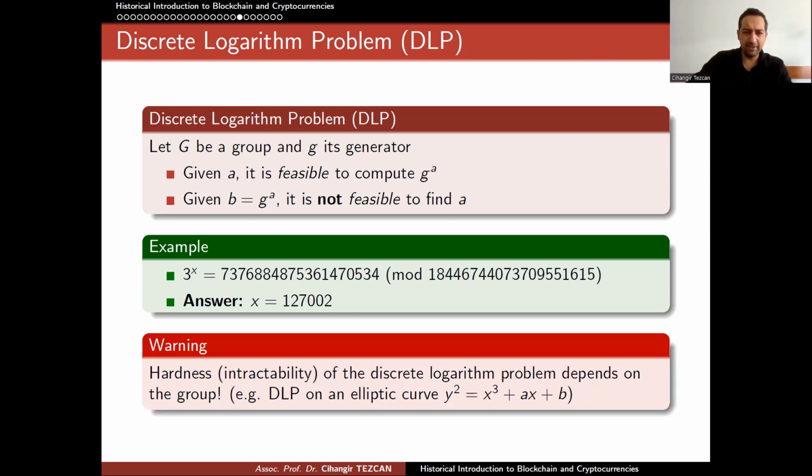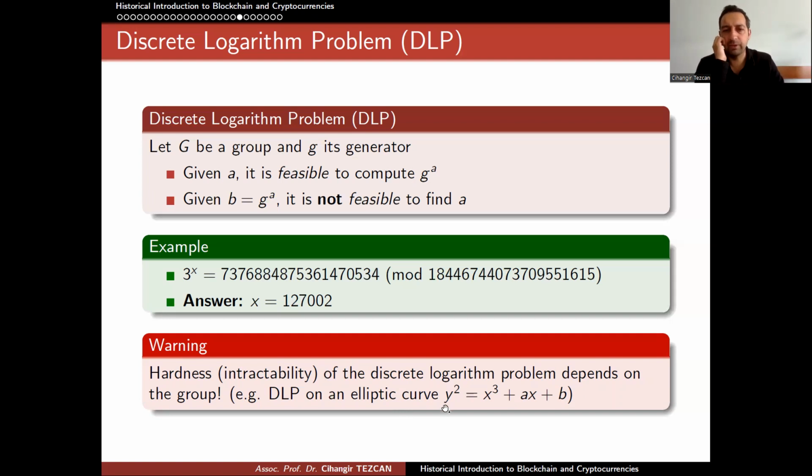So this problem is hard, but actually the hardness depends on the group you are using. Here we are using numbers, but if you use a different group, in this case we will be talking about elliptic curves, this problem will be even harder.